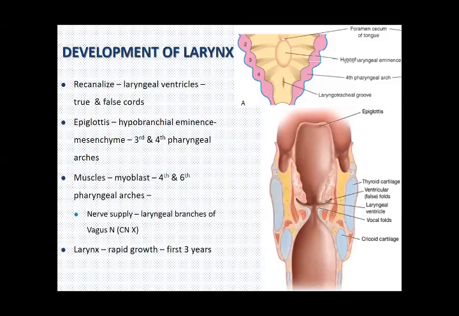Now the recanalization happens in such a way that the lumen is restored, but folds of mucous membrane are left behind. In some places the lumen is completely restored, and in other places the epithelium breaks down in such a way that it leaves folds inside the larynx.